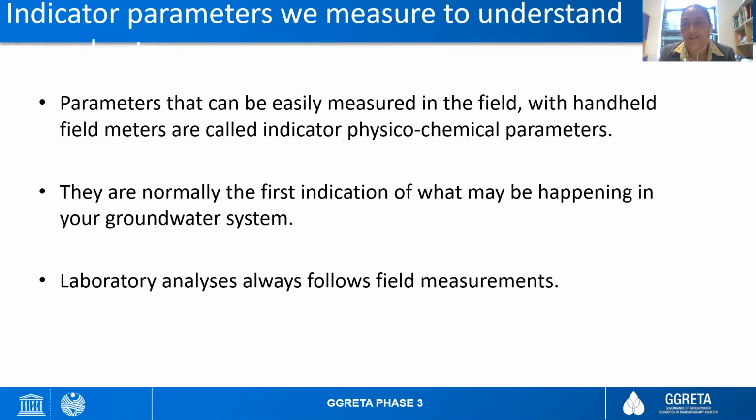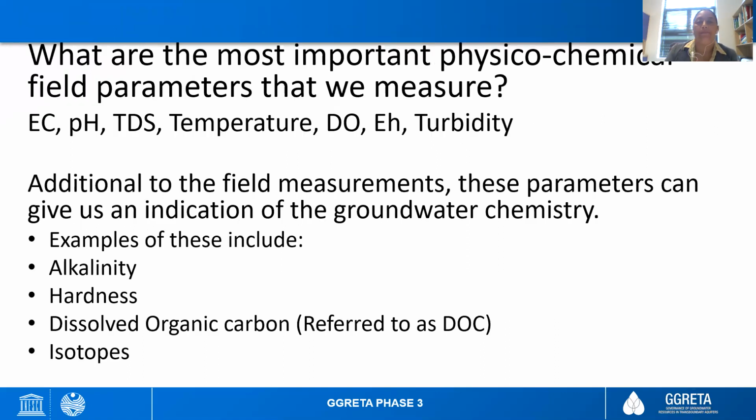This can be measured easily with our handheld field meters, and they are normally the first indication of what may be happening in your groundwater system. Of course, this would be a first indication, and laboratory analyses will follow the field measurements. So some of these parameters that you can measure in the field include your EC, pH, total dissolved solids, temperature, dissolved oxygen, redox potential, and your turbidity.